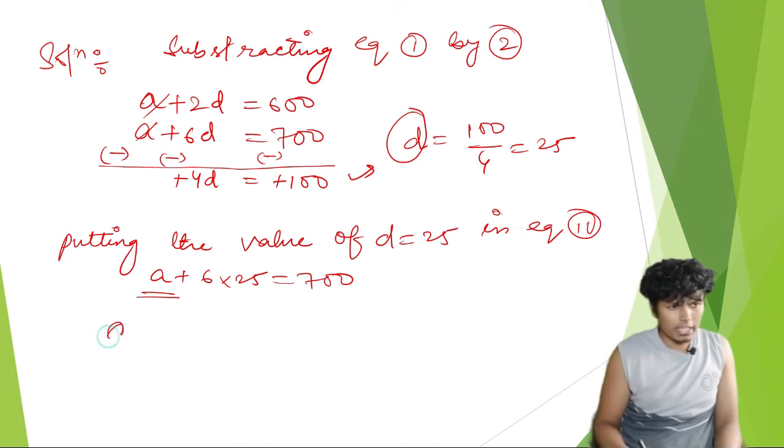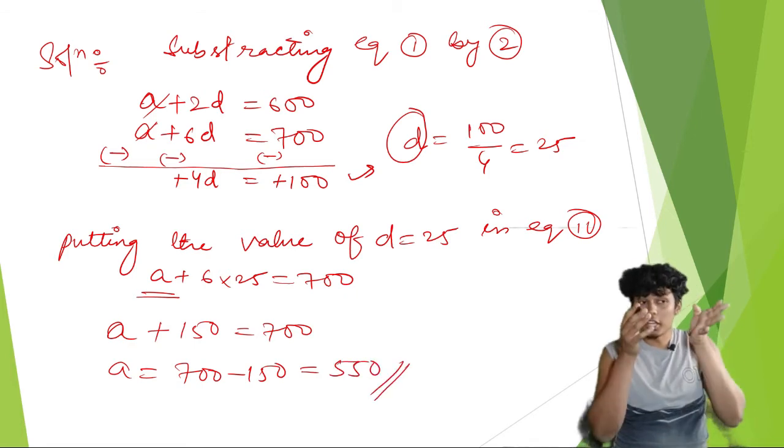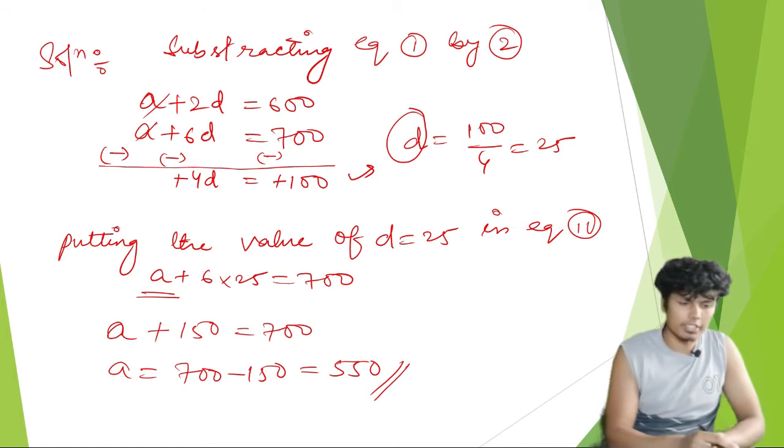A plus 25 into 6, which is 150, is equal to 700. So A is equal to 700 minus 150, which is equal to 550. We got the value of A, we got the value of D. I hope it is clear.